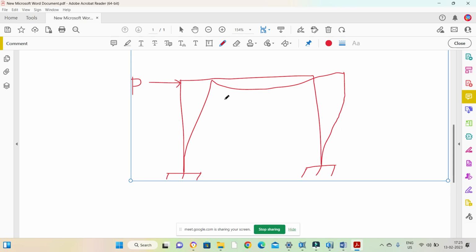Okay, and if this topic, assembly, is going on in your ERD, I think you will be familiar with this. So is that assembly part currently going on in your ERD? Which topic is currently going on?